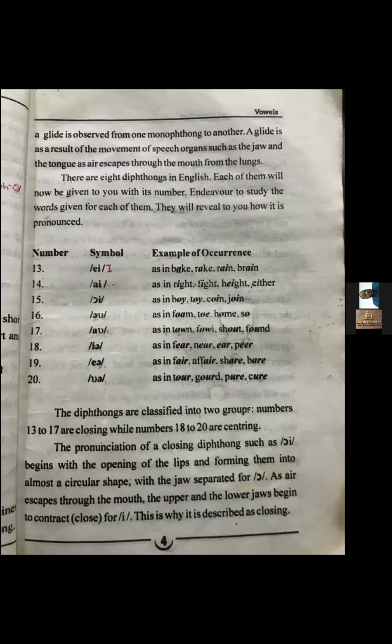For example, the first word fear, it is articulated or realized with the letter E and letter A. In near, it is realized with the letter E and letter A as well. And then in peer, as in peer group, it is realized in letter E and letter E.